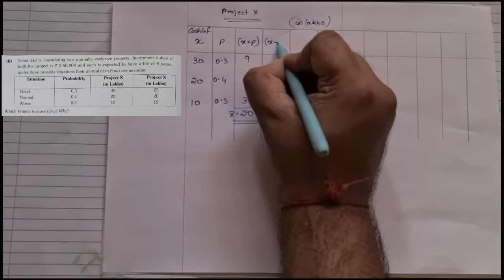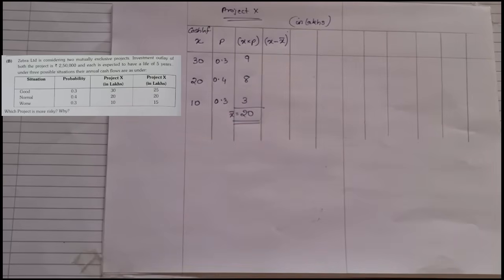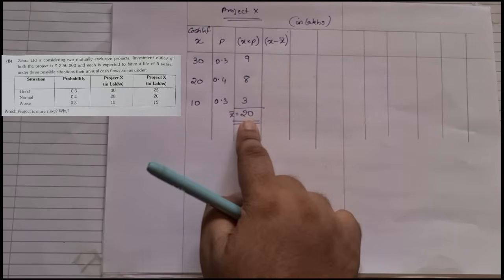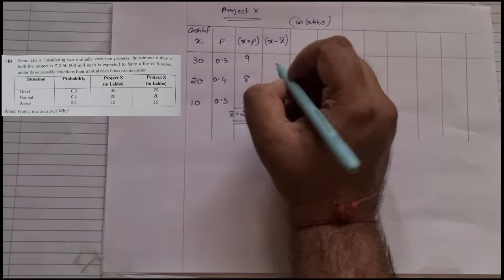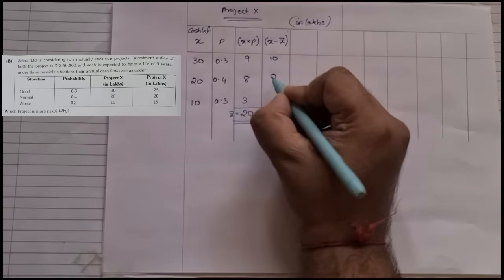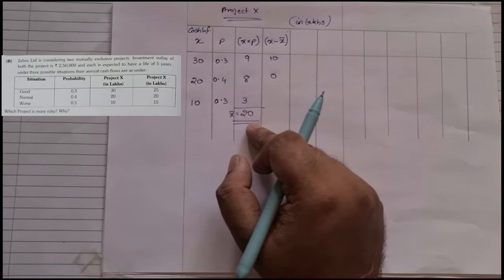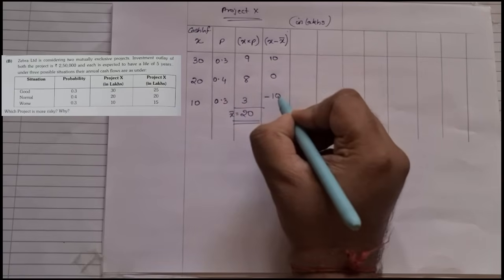Now the next column is very simple. It's called X minus X bar. So your cash inflow minus the expected return. So 30 minus 20 will give you 10. 20 minus 20 is 0, and 10 minus 20 gives you a negative value, so that will be negative 10.